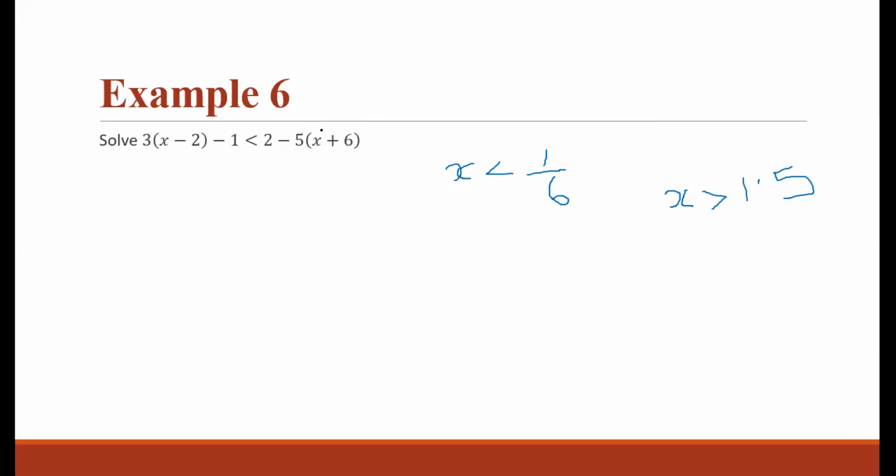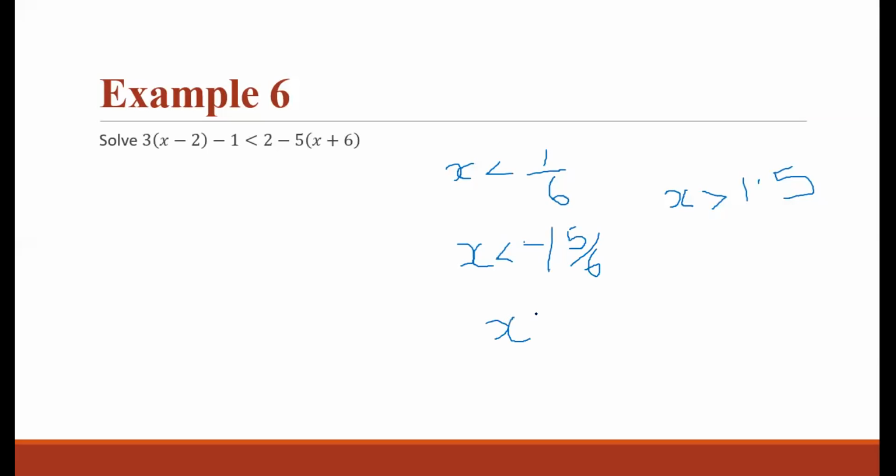Heaven has x is greater than 6.3. Chigundu has, let me write it here, -1 and 5 over 6. Any other answer?